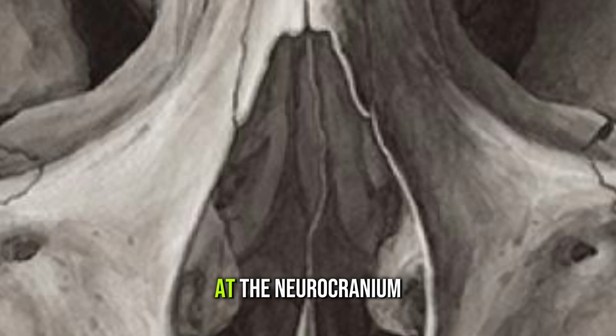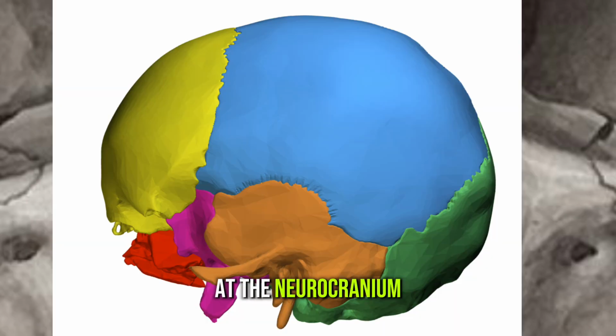Now let's look at the neurocranium. The neurocranium is made up of 8 bones, like I said initially. We have 4 unpaired and 2 paired bones.